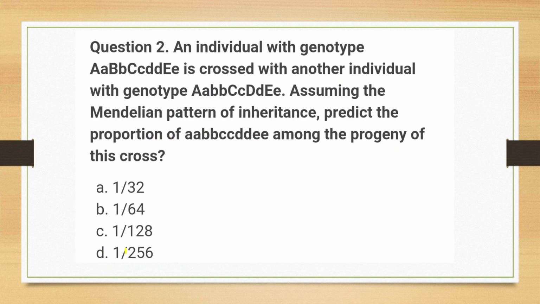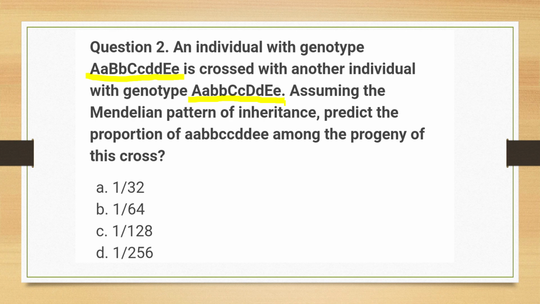Now coming to the second question, which is a very interesting yet tricky question. If you don't know the trick, you cannot answer this type of question. Here an individual with genotype capital A, capital B small b, capital C small d, capital E small e is crossed with another individual of genotype capital A small b, capital C capital D small d, capital E small e.